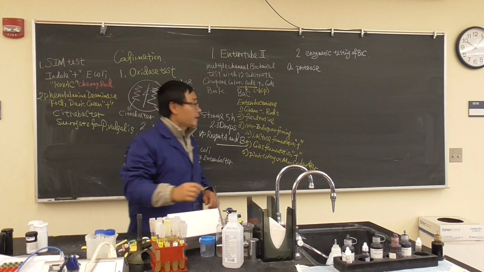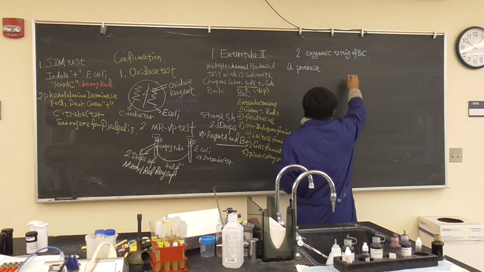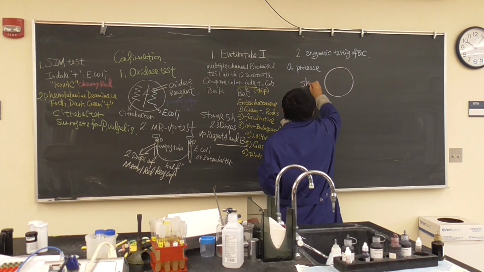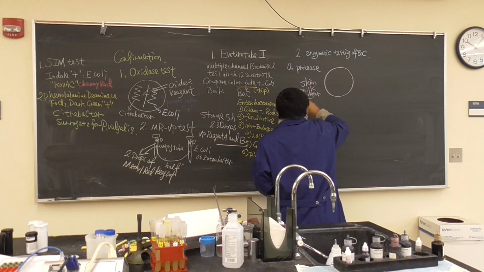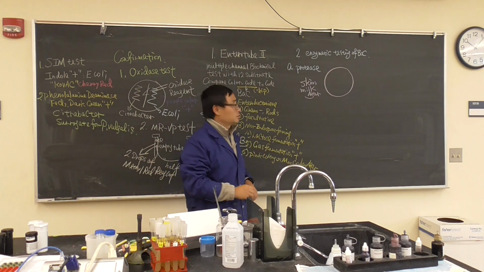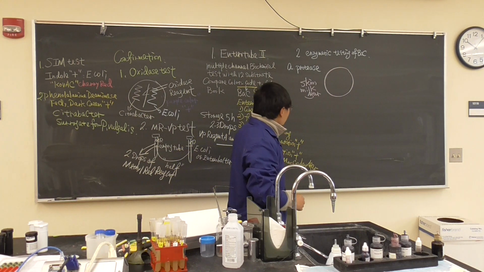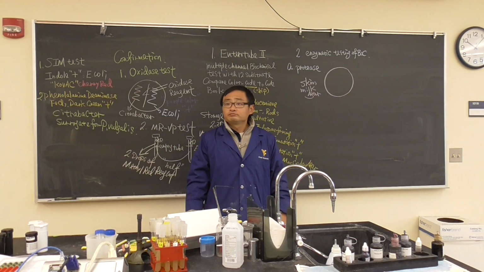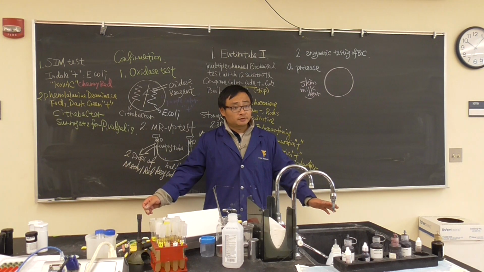We will prepare an agar which is skim milk agar. So when we need skim milk agar, I believe it's in the cooler. Skim milk. What do you mean by skim milk? No fat, is that right?